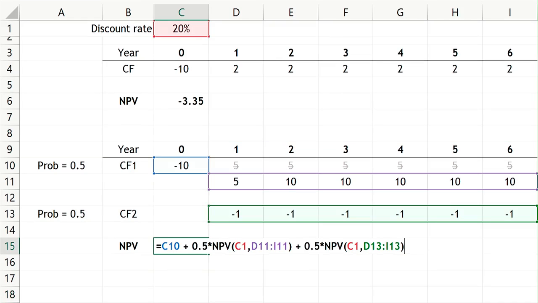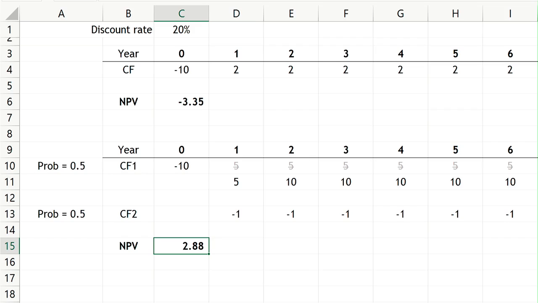To calculate NPV, we first consider the initial investment of $10 million in C10, which doesn't change. But as we know that case 1 and 2 have probabilities of 50% of occurring, we need to use the weighted average of future cash flows by using the probabilities as weights.